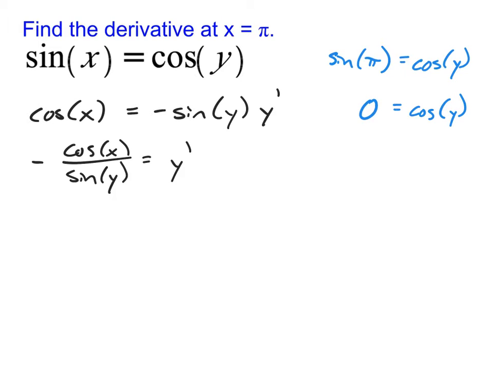And so now we need to know cosine of what equals 0. Again, if we think of our unit circle, cosine is how far we're going over. So if cosine is going to be 0, we need to look at when it's going straight up and when it's going straight down. And of course, it can loop around, right?